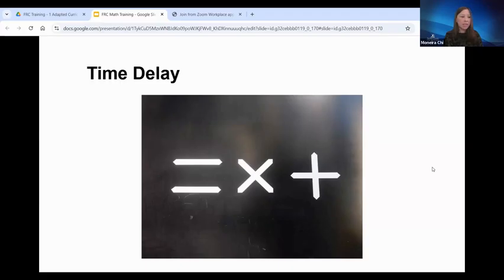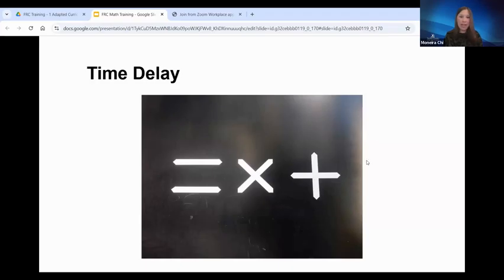When we are teaching a new skill, we start with what is called a 0-second delay. When we use a 0-second delay, we give a direction and immediately point to or prompt in some way the correct response.